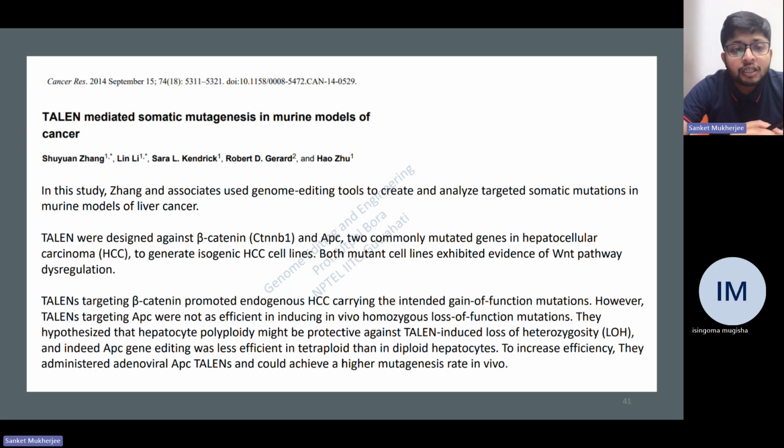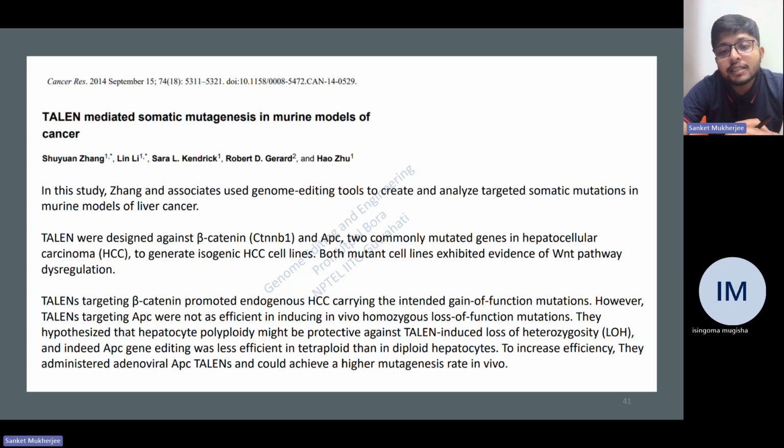So let's see the TALEN-mediated somatic mutagenesis in murine models of cancer. In this study, Zhang and associates used genome editing tools to create and analyze targeted somatic mutations in murine models of liver cancer. TALENs were designed against the beta-catenin gene and APC, two commonly mutated genes in hepatocellular carcinoma, to generate isogenic hepatocellular carcinoma cell lines.